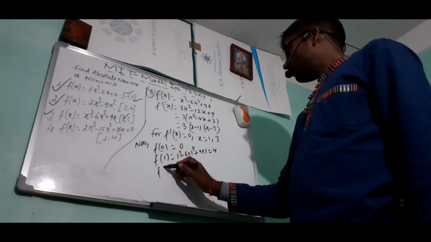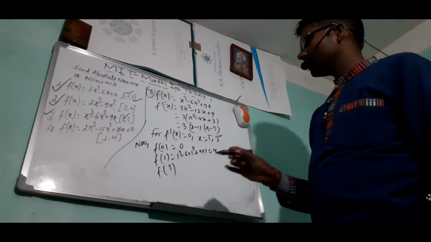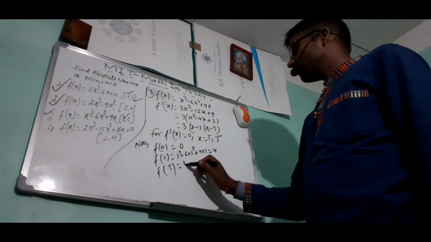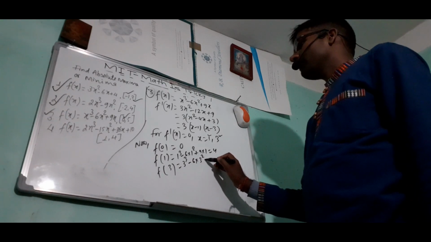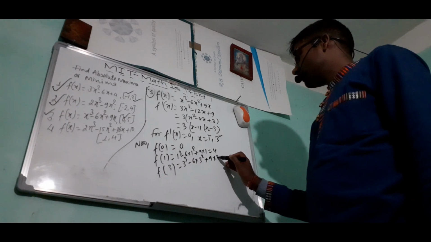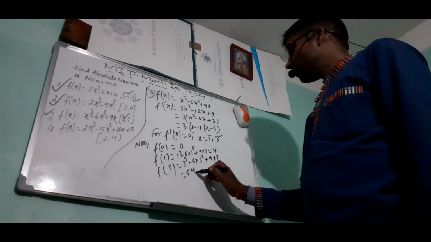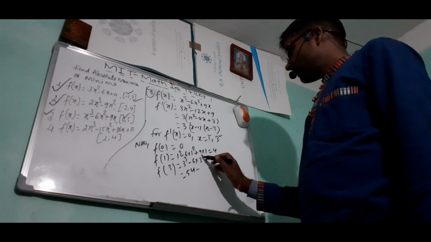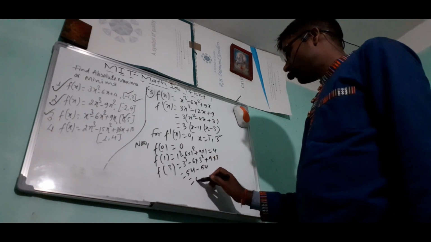Now f of 3 will be simply here 3 cube minus 6 into 3 square plus 9 into 3. So 27, 54 minus 54. Answer is here 0.